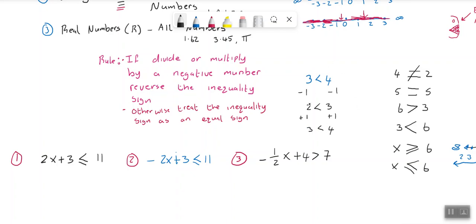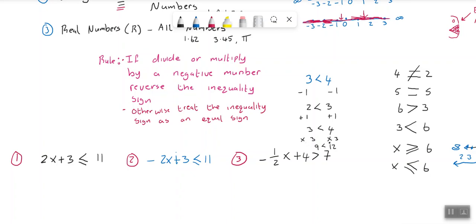Now the problem is if I multiply or divide both sides. Again, that's okay. I multiply by 3 and multiply by 3. If I multiply by a positive number, that gives me 9, so 9 is still less than 12.